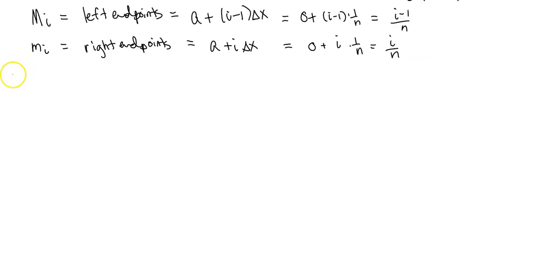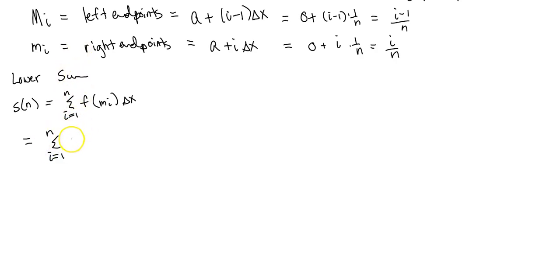Now when I go to find the lower sum, little s of n is going to be the sum from 1 to n of f of little m sub I times delta x. So that'll be the sum from 1 to n of f of I over n times 1 over n.